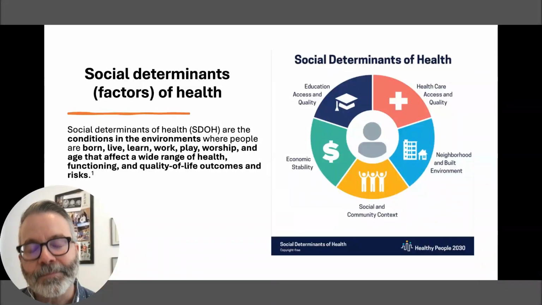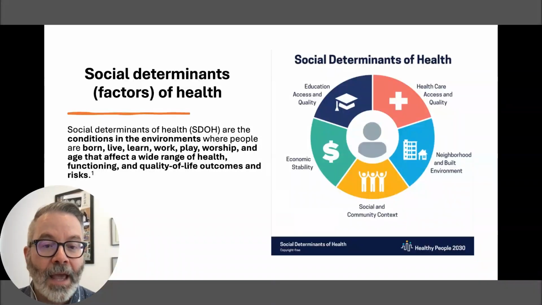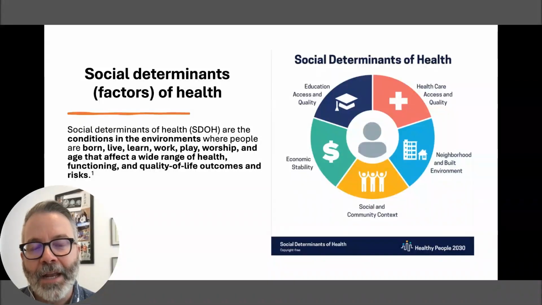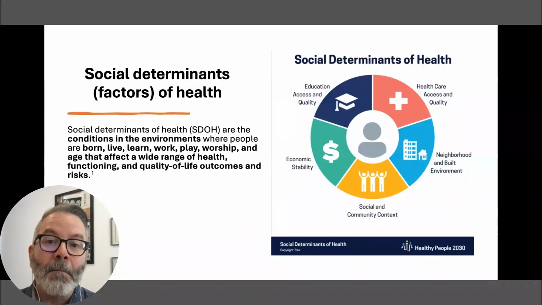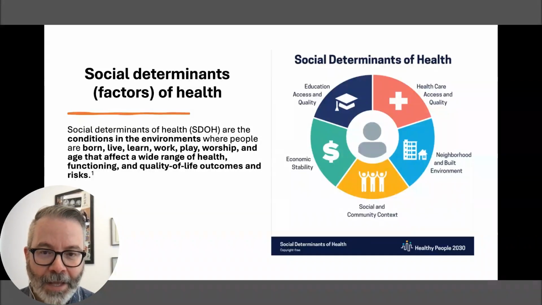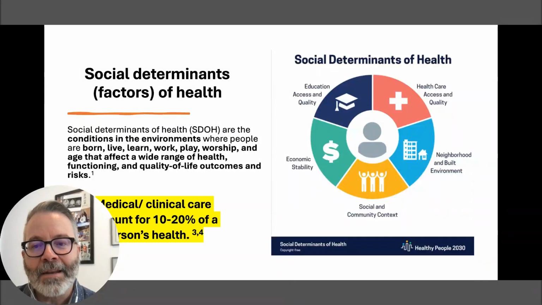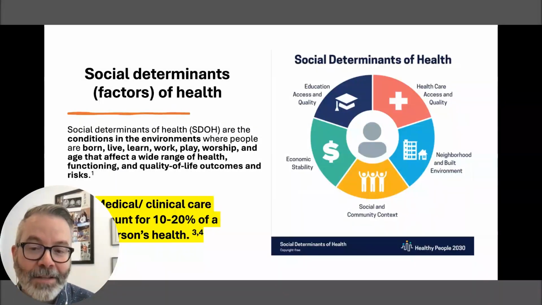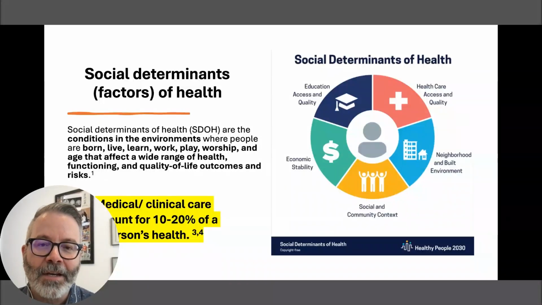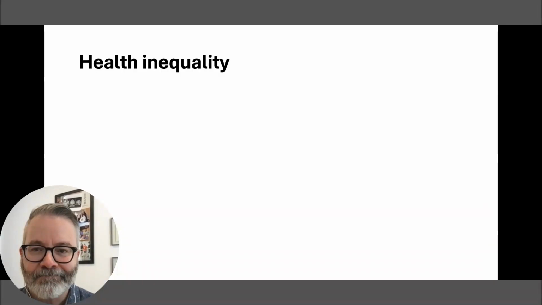Out of those, three are the ones that are critically more impactful in our overall health: education, economic stability, and neighborhood and built environment. So it doesn't come as a surprise that medical and clinical care only account for 10 to 20% of a person's health, depending on which resource you cite.